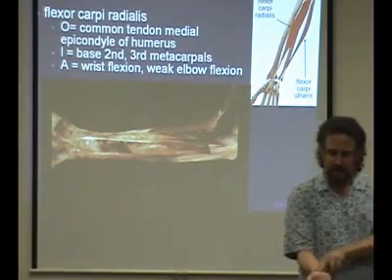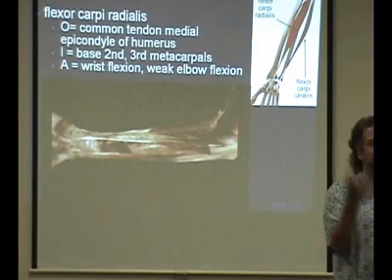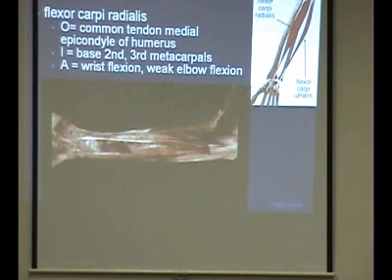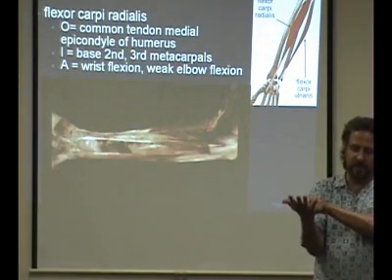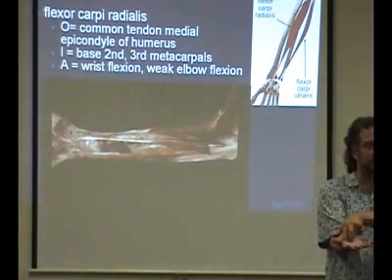And then it's going to go to the base of the second and the third metacarpals. The thumb has its own muscles. Okay? These general flexor muscles of the wrist, they're going to go into the metacarpals, starting with the second. So flexor carpi radialis is going to go into the second and the third metacarpals.